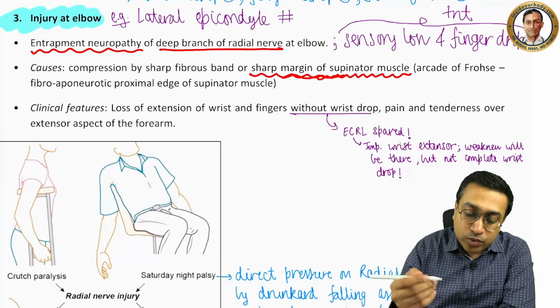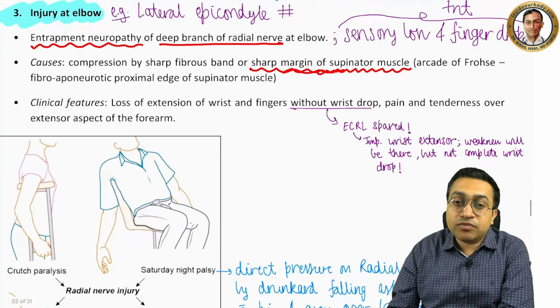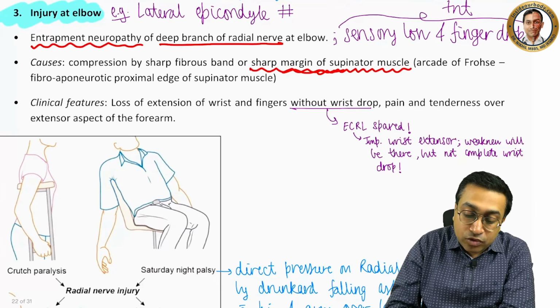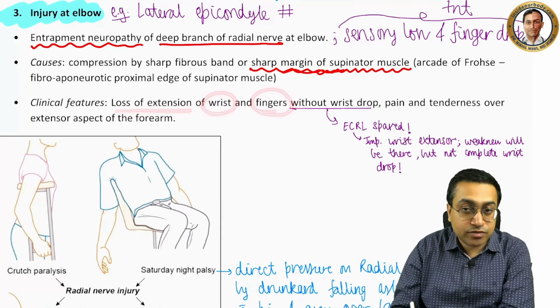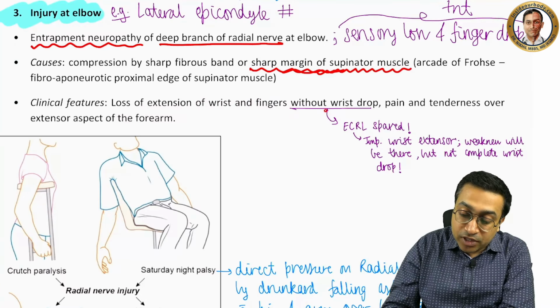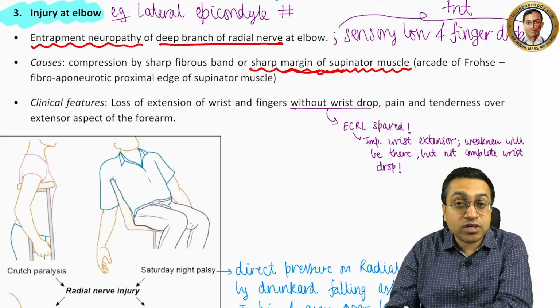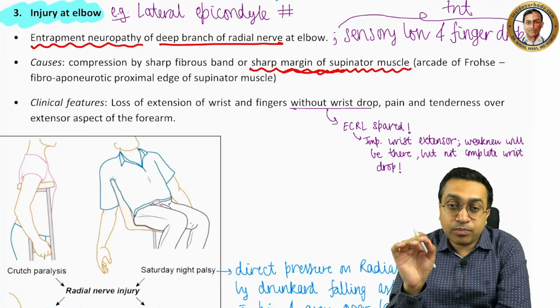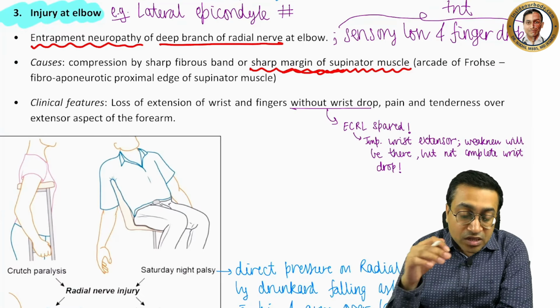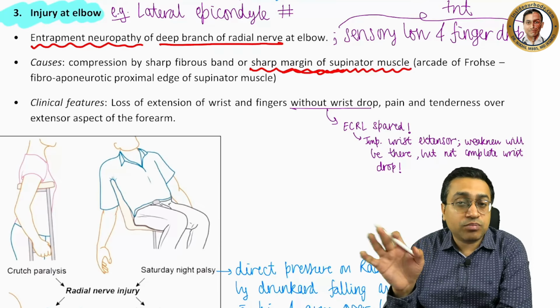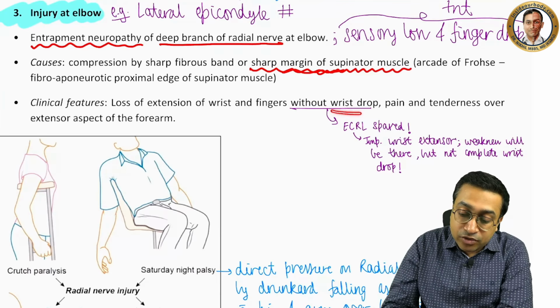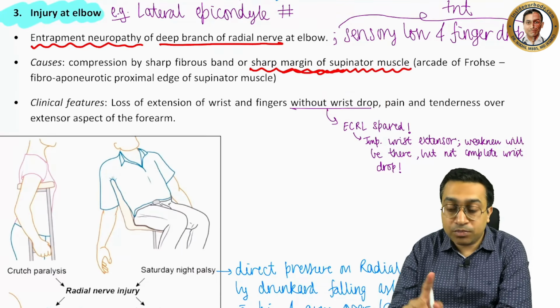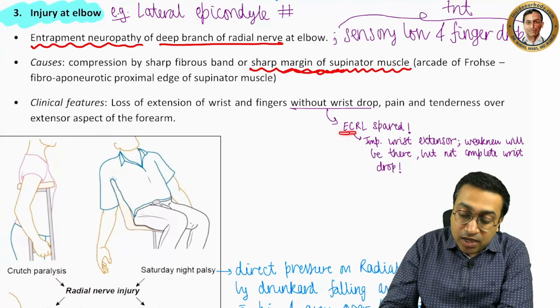Now the question is, what will happen to the patient? The patient will appear with complaints of loss of extension of the wrist and fingers, which we have already discussed, but without the wrist drop. So there is no wrist drop. That is the classical important point to remember. Earlier, every time the wrist drop was happening, but here wrist drop is not happening, because the extensor carpi radialis longus is spared.